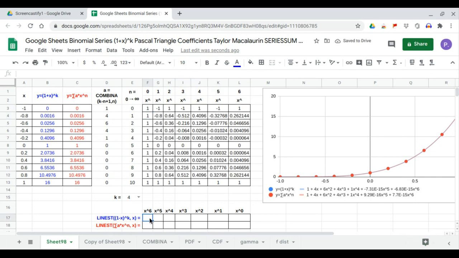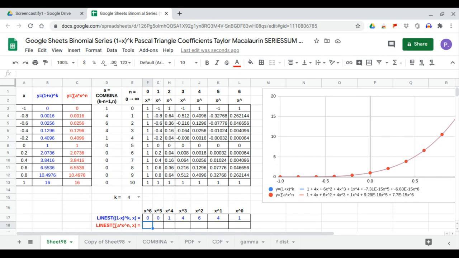Now that we have the 1 comma x matrix, we can enter the LINEST: LINEST data y and data x. And our regression coefficients match our expansion coefficients and the trend line: 1, 4, 6, 4, 1. Others are 0.